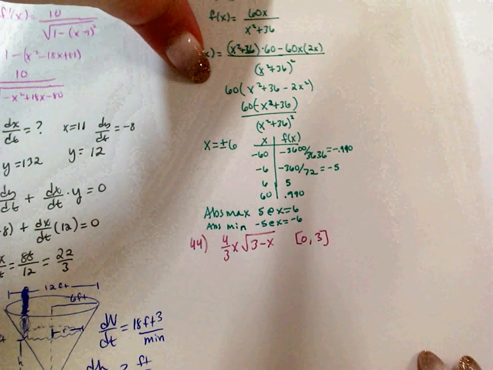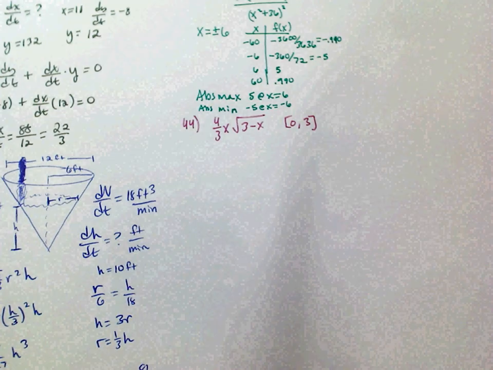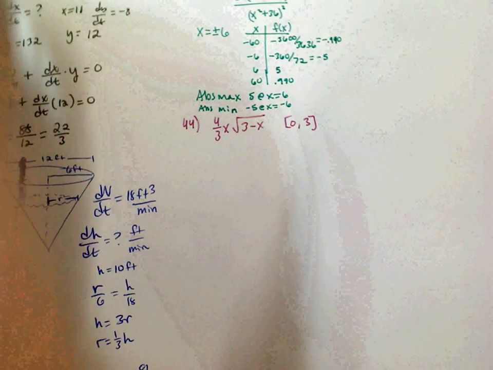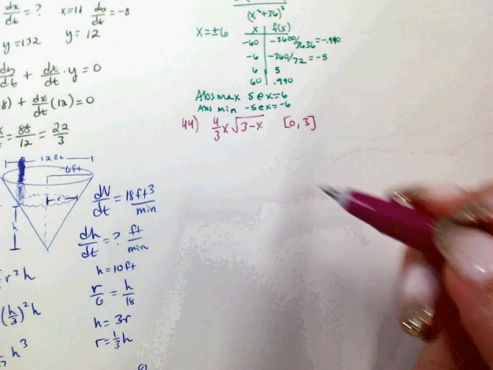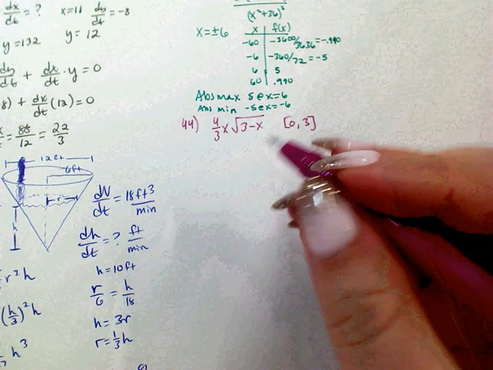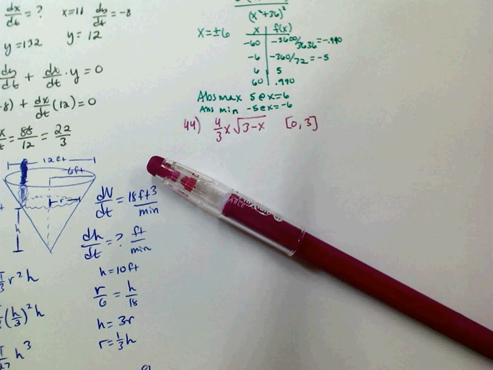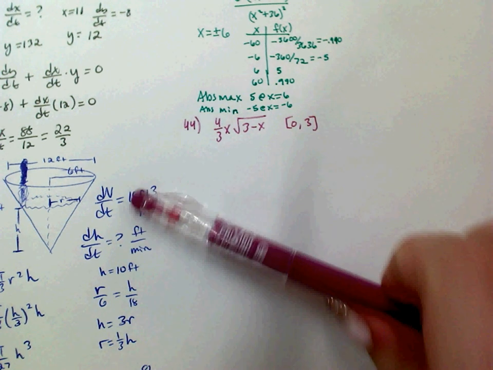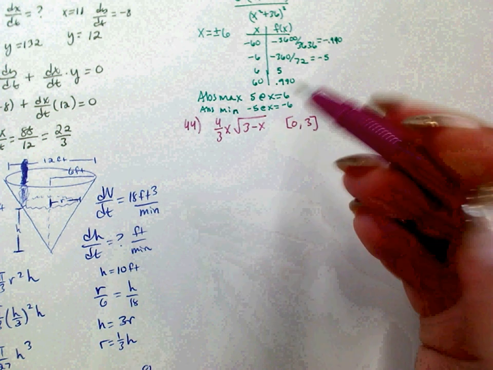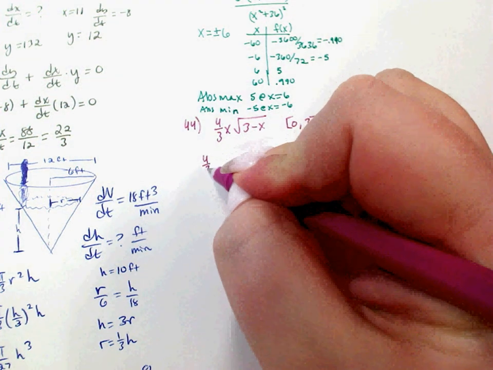Number 44. You got to do product rule to find the derivative so we can find all our critical points. Although we should know that an endpoint is actually going to be 3. So, anyway, first times the derivative of the second, so 1/2, 3 minus x to the -1/2 times the derivative of the interior, which is -1.